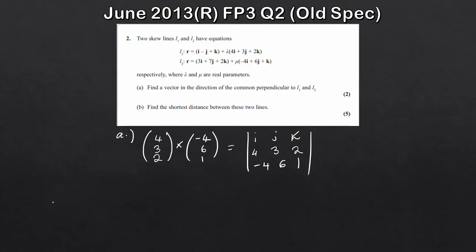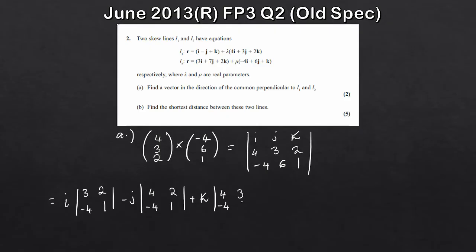Okay, working this out now. I'm going to have i lots, again expanding along the top row, of 3, 2, minus 4, and 1, minus j lots of 4, 2, minus 4, and 1, plus k lots of this bottom left here, so 4, 3, minus 4, and 6.